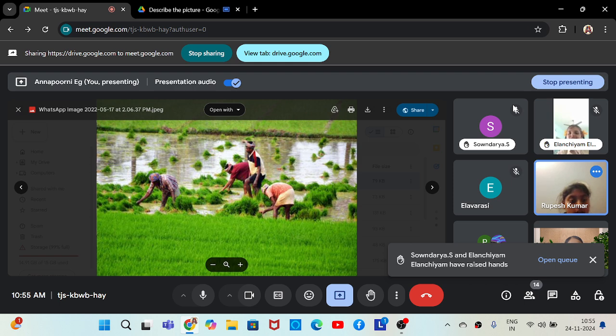There's a mud place with a hole and water. The four men are planting the crops, taking from the grass, and that's it, ma'am. Okay, fine.